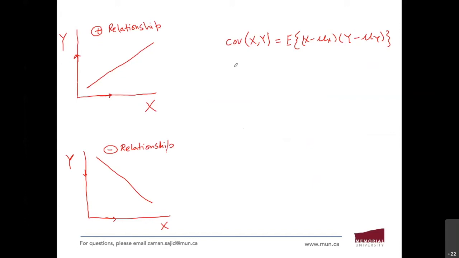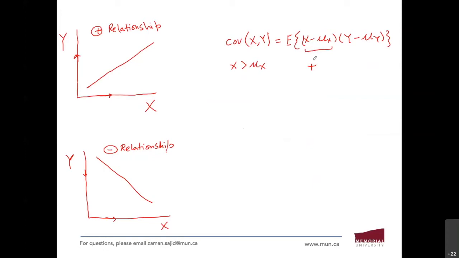Now I'm going to develop some scenarios here. For example, if the x value is greater than mu of x, you will get a positive number.